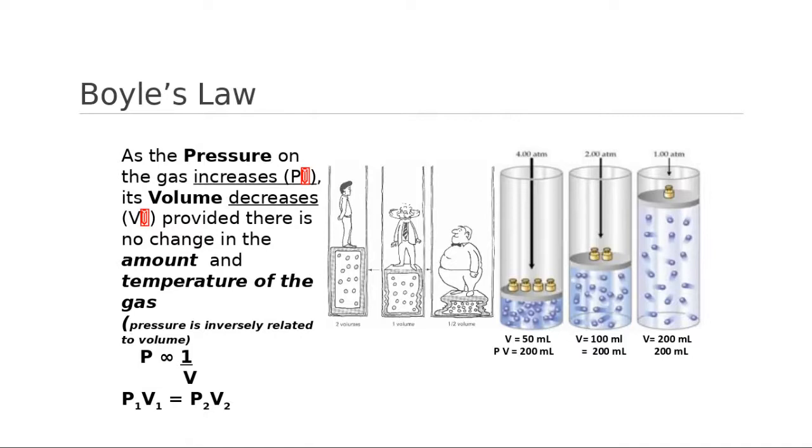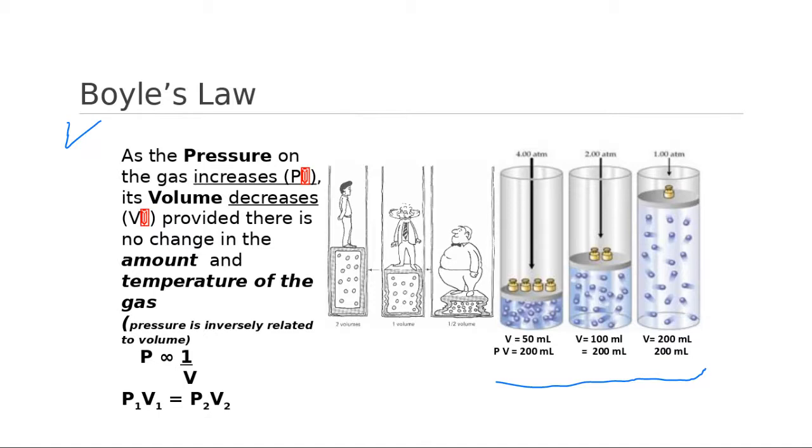Let's talk about Boyle's law. We talked about Dalton's law. Now we are going to talk about Boyle's law. Look at this slide. Look carefully at this picture. When we have a container whose volume is 200 milliliters, and we exert a pressure on the gas found in this container, what will happen as we increase the pressure?